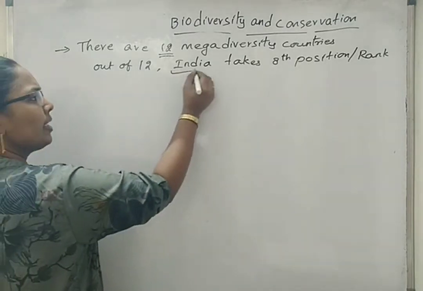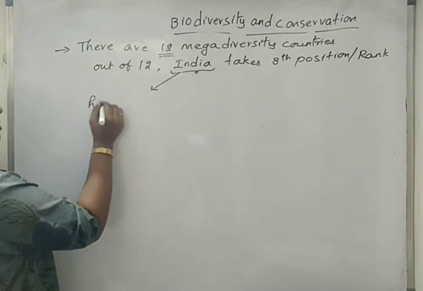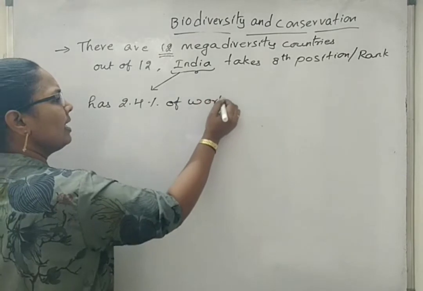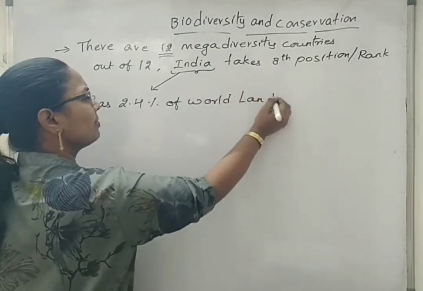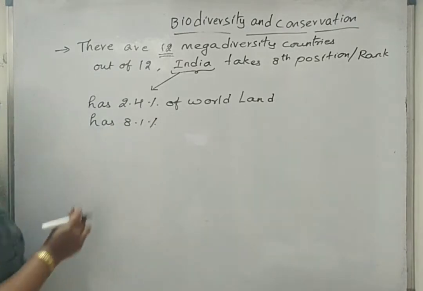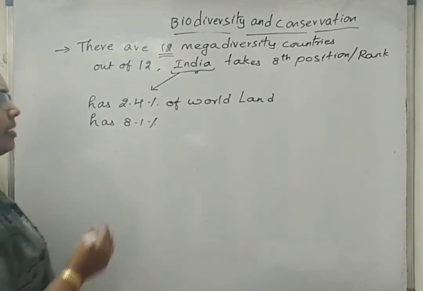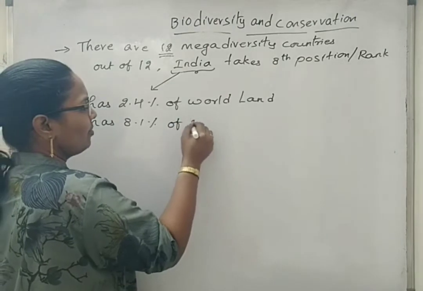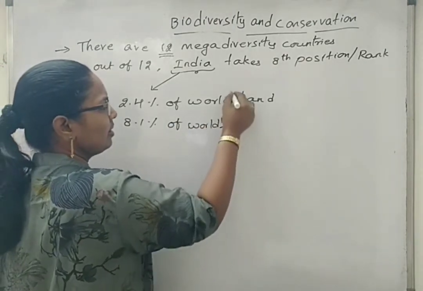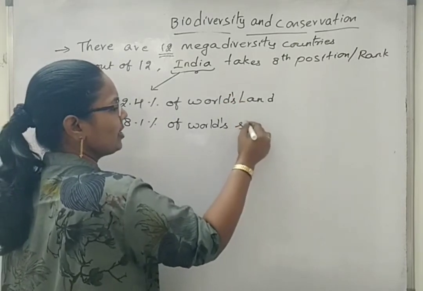If we see specifically in India, India has 2.4% of the world's land, and India has 8.1% of the world's species diversity.